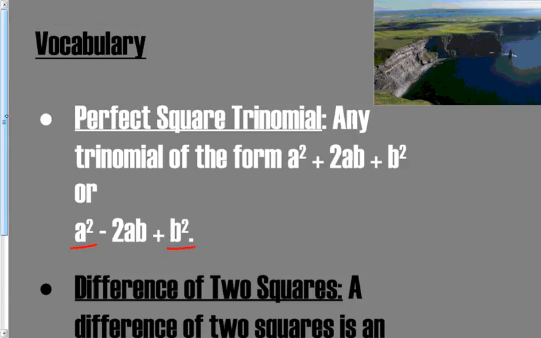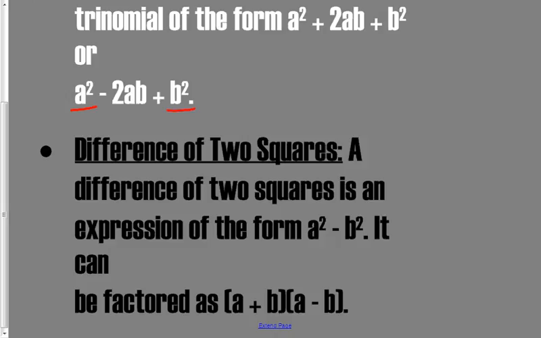And the difference of two squares is an expression in the form a squared minus b squared. Difference is subtraction, and two squares would be the a squared and the b squared. And we're going to factor them to be a plus b and a minus b. So that kind of gives away part of what we're doing already today.